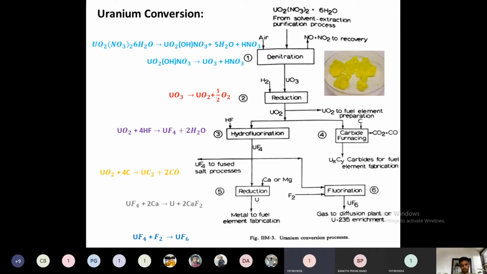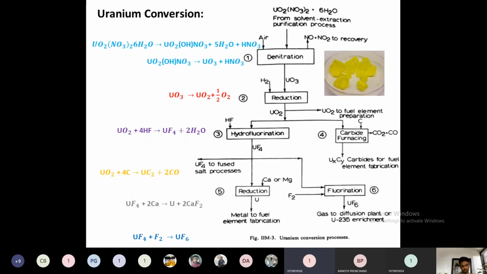In hydrofluorination, uranium tetrafluoride in the first part will undergo the fused salt process, and the left one will undergo reduction. In this it forms metal fuel element fabrication.